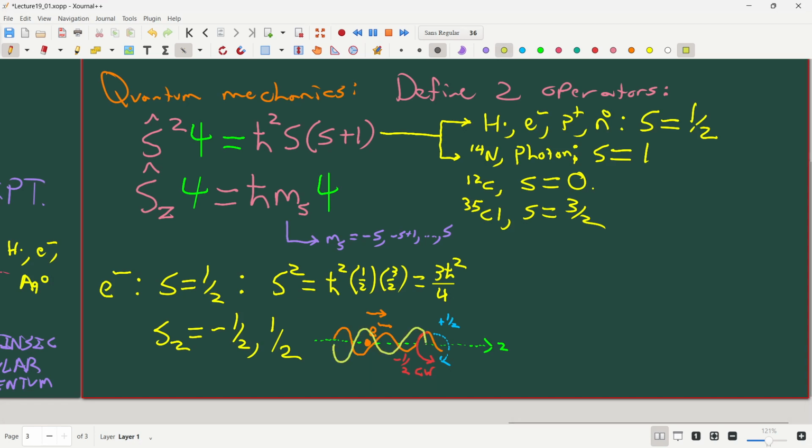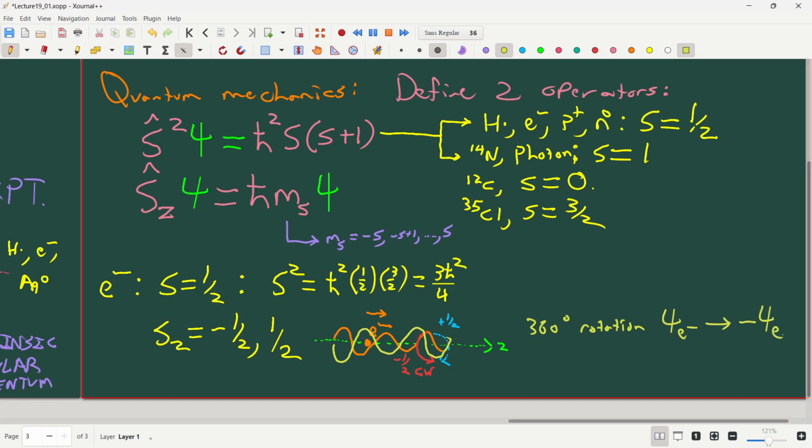You get a negative sign. So a 360-degree rotation of my electron wave function gives me minus the electron wave function. It flips the sign of the wave function. So in order to get back to my original propagation, which is the phase of my orange wave, my original electron wave, I have to rotate the system twice.